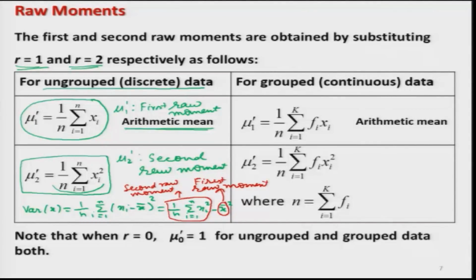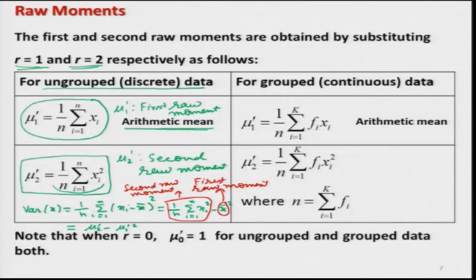They help us in defining the variance of x, so I can redefine the variance as mu 2 prime minus mu 1 prime whole square.